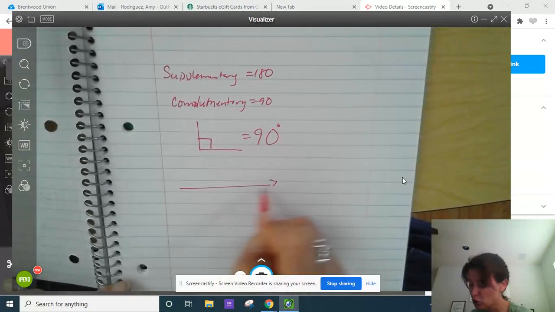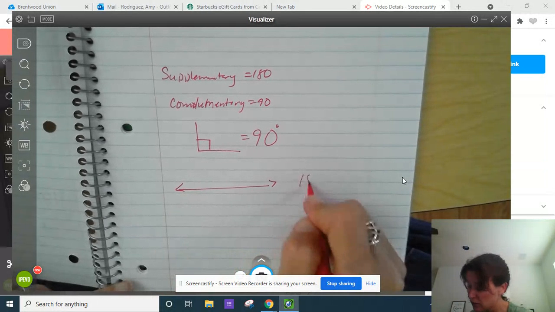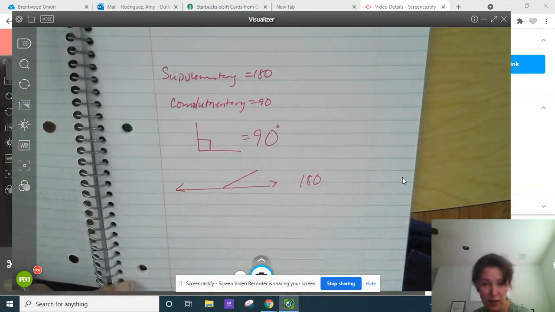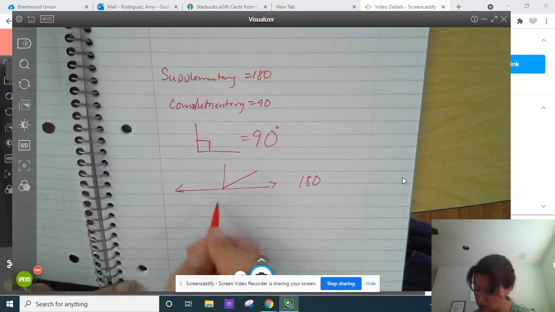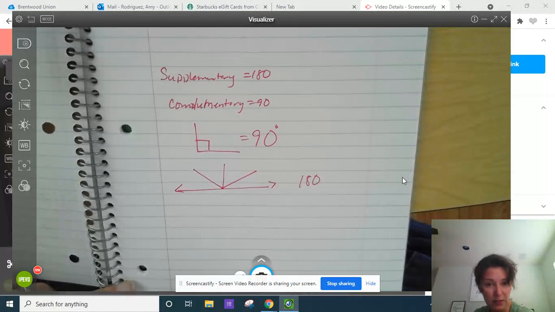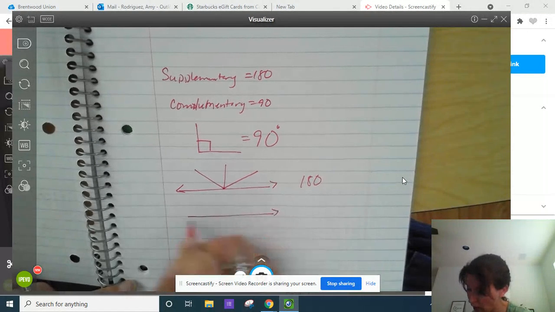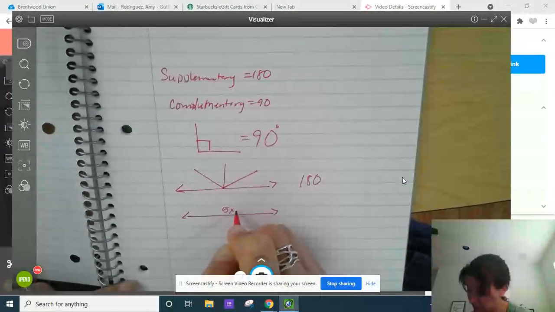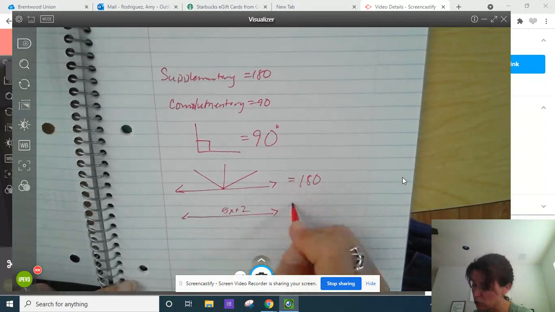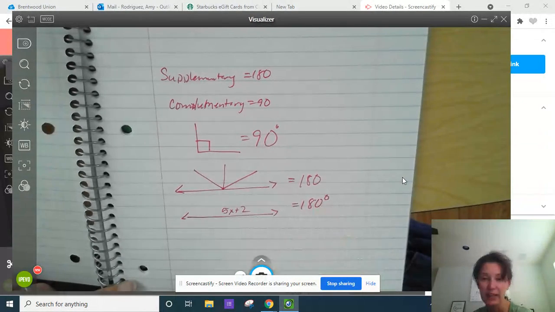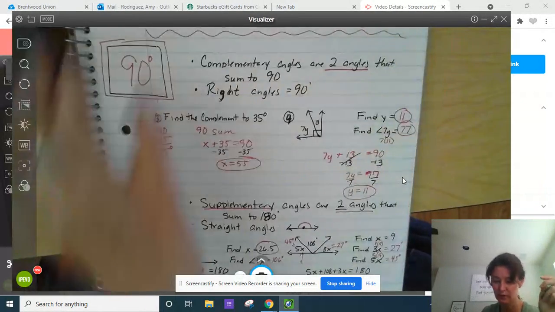If you see a straight line, think 180. Even if that straight line's divided into 2 pieces, 3 pieces, 5 pieces, or just 1 piece together, all of those are going to be set equal to 180. Get to work.